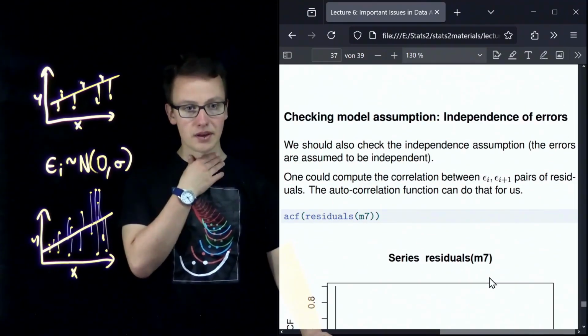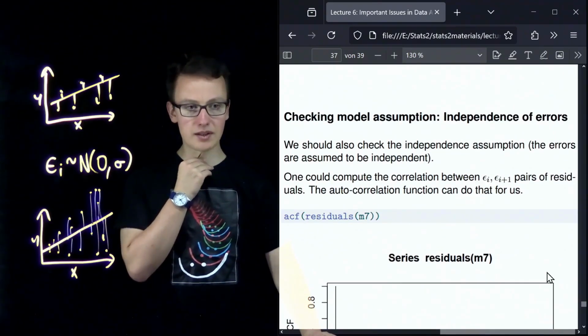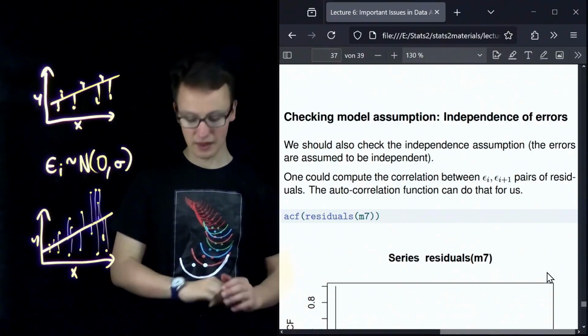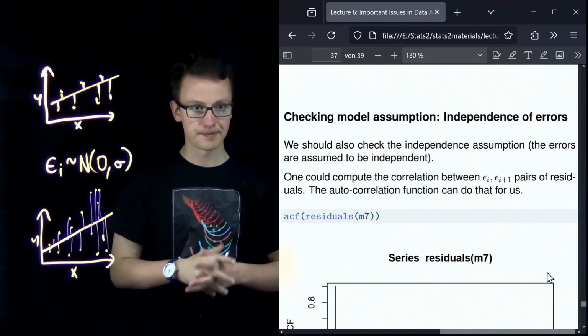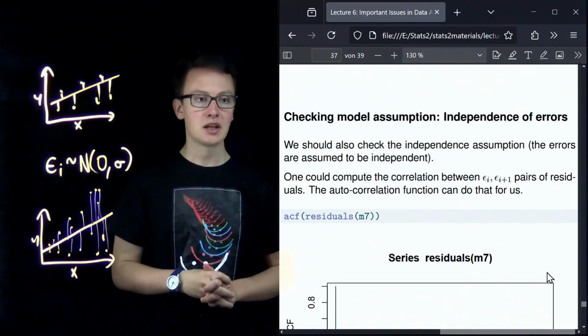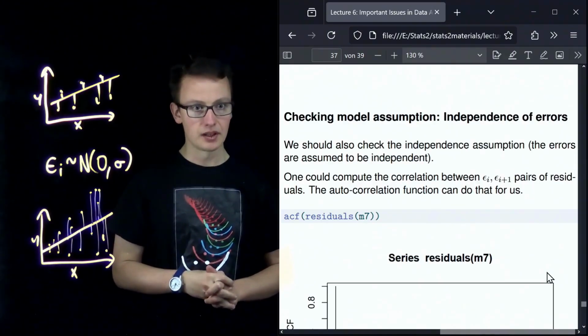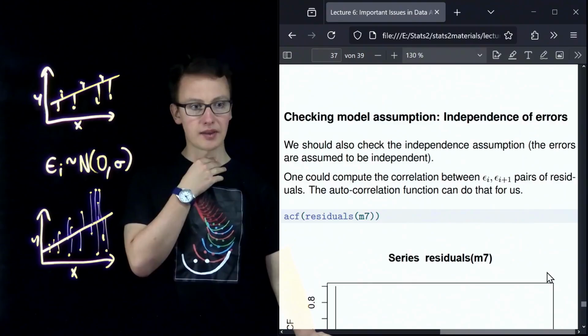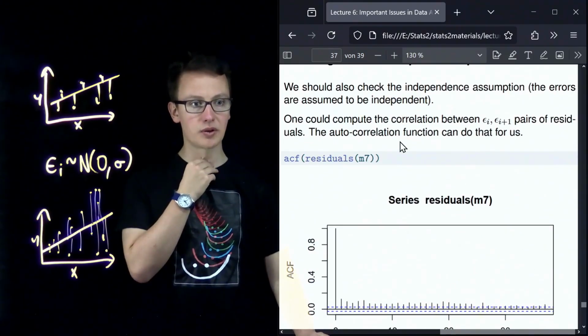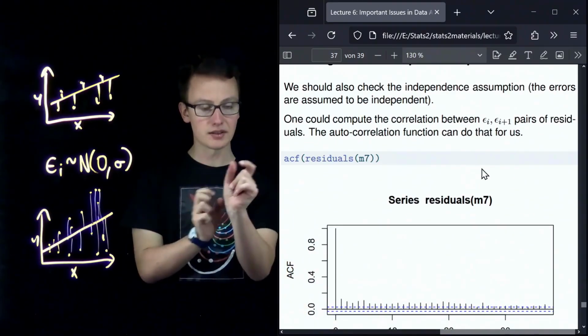All right, so that brings us to the next model assumption, which I mentioned, which is about the independence of residual errors. We can also check this assumption. One possible way to check this is by computing the autocorrelation between two adjacent residuals.